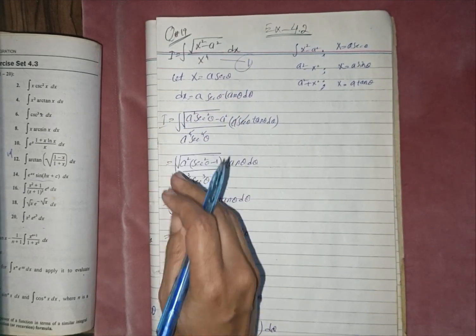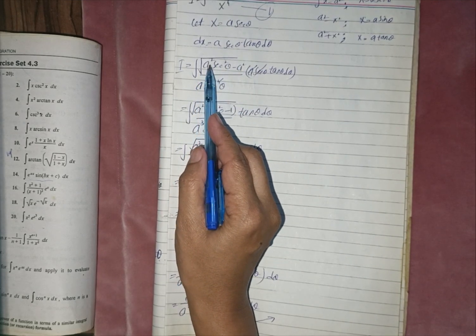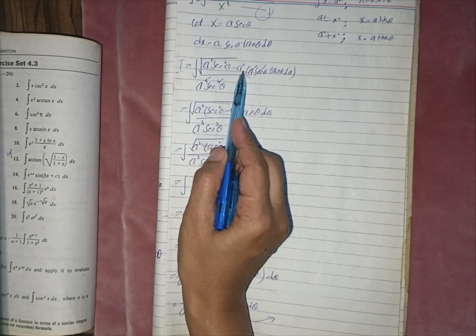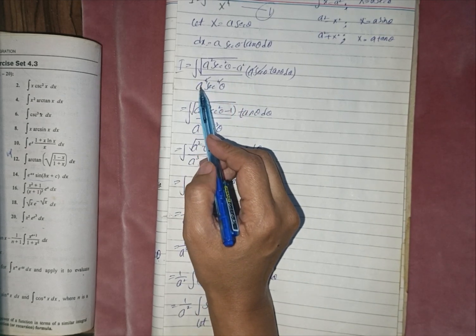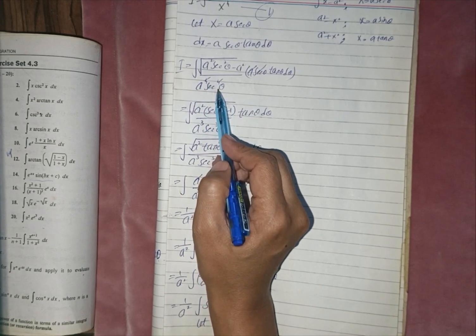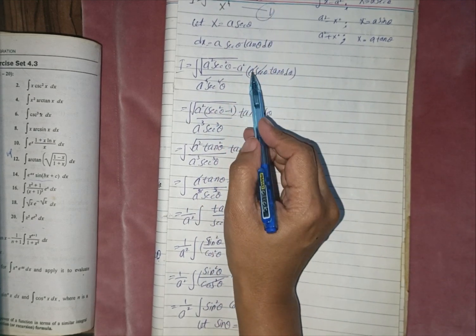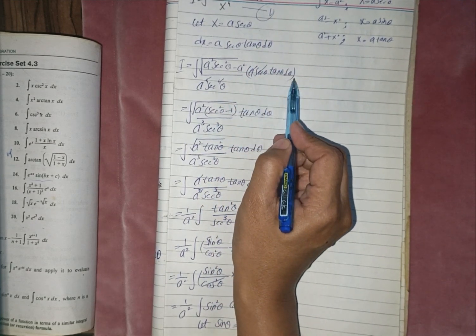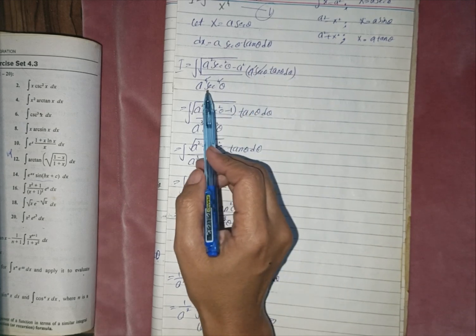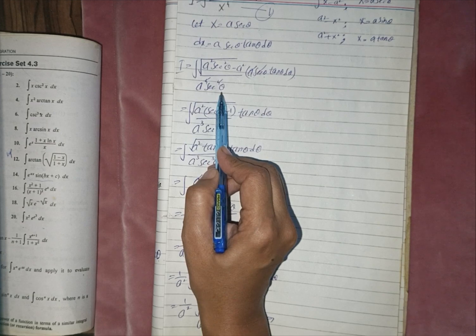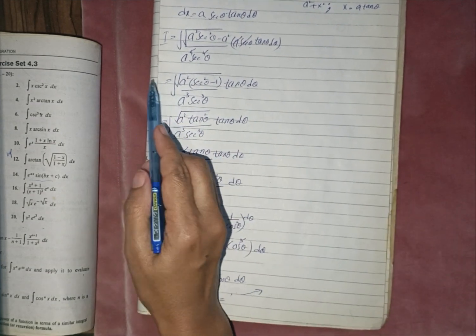We have I is equal to integral square root of a square secant square theta minus a square upon a raised to the power 4 secant 4 theta, and dx is equal to a secant theta tan theta d theta. After simplification, we will cancel out a secant theta with the secant theta present in the denominator.